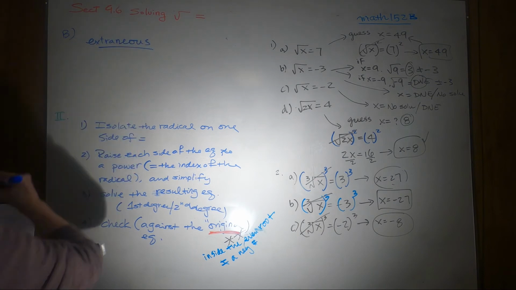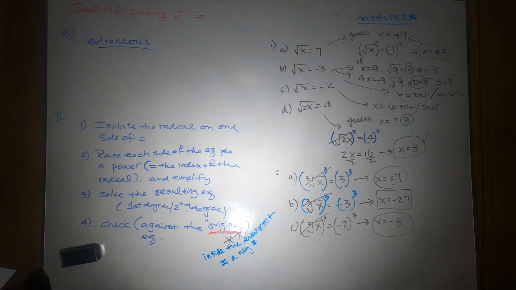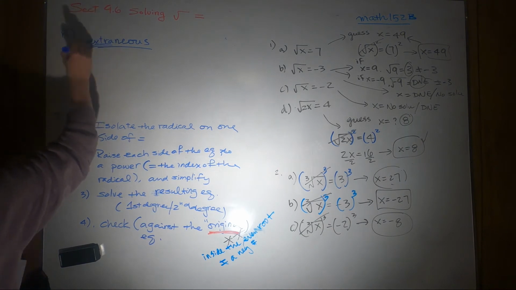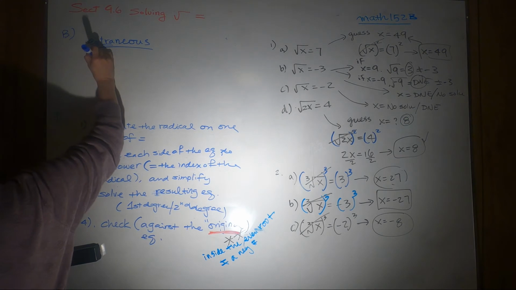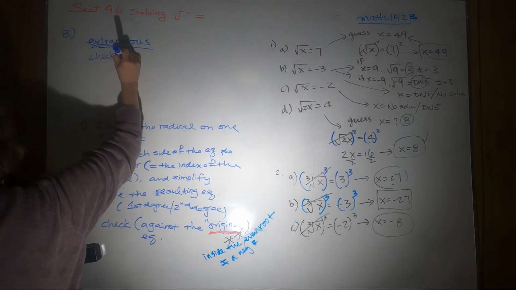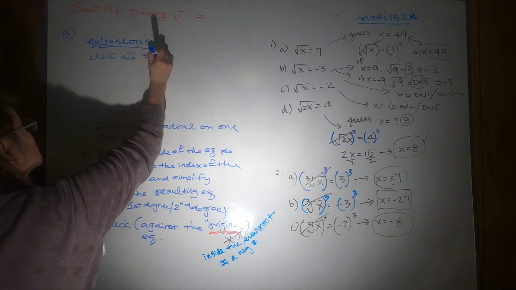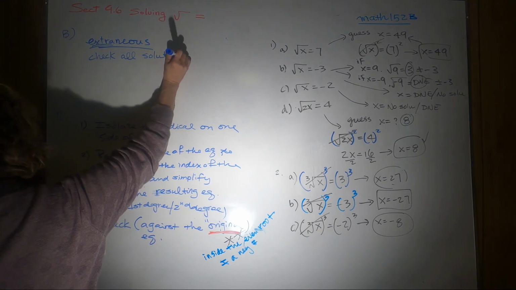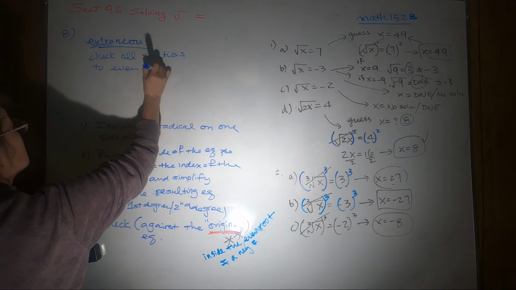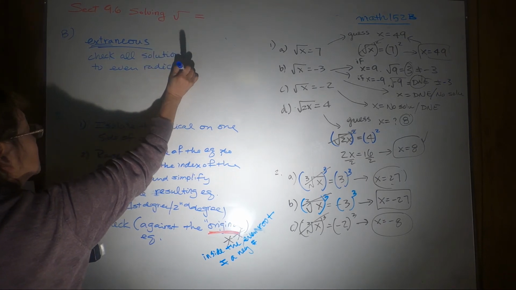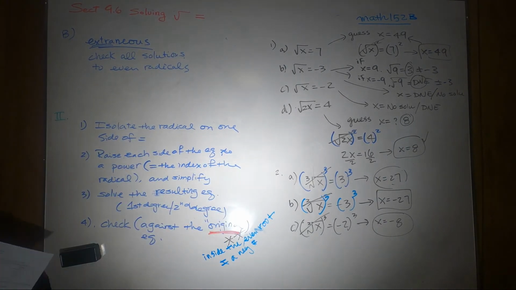Then we call it extraneous. So that means you do everything right, however, you get an extra answer, which is not right. So you need to always check all the solutions for the even radicals. For the odd radicals, usually you should be okay.